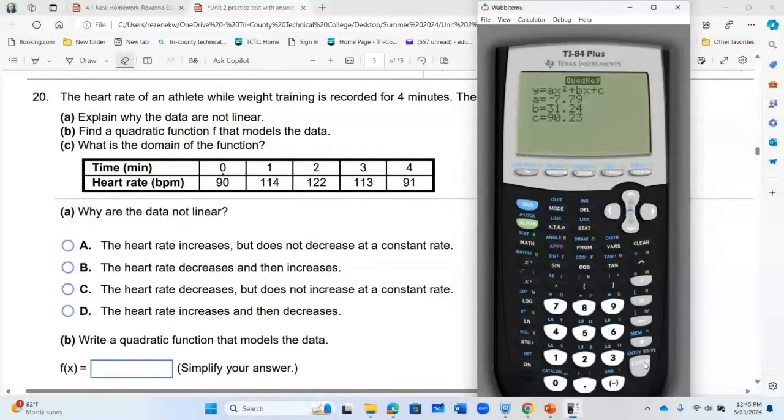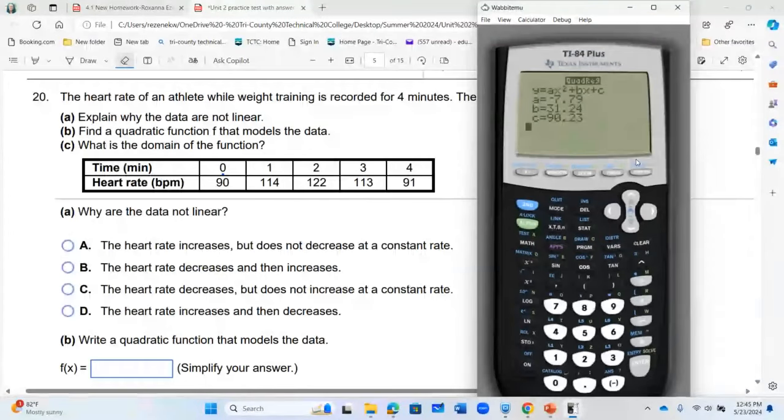It tells me that the quadratic equation is in standard form. It has a negative leading coefficient, negative 7.79, and b is the coefficient of the linear term, and the constant term is this.